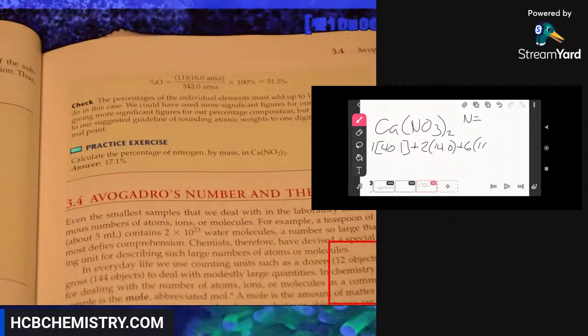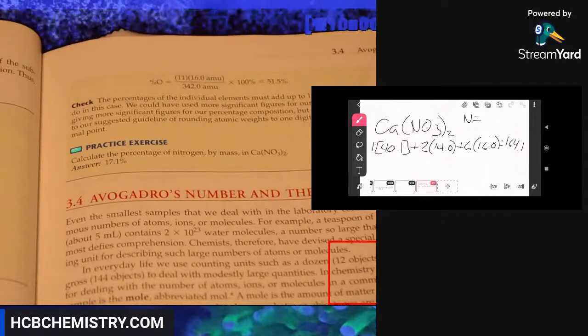And oxygen weighs 16 if you look at the periodic table. And that's going to equal 164.1. You see that?